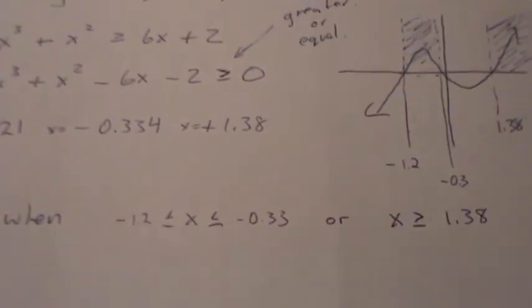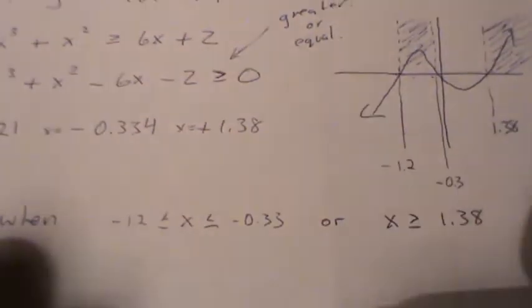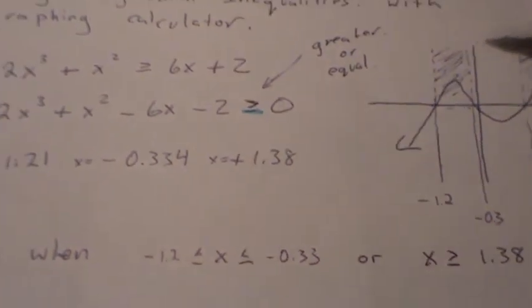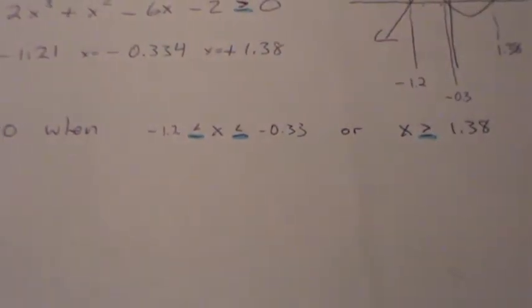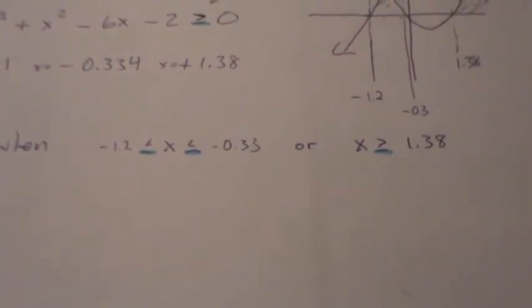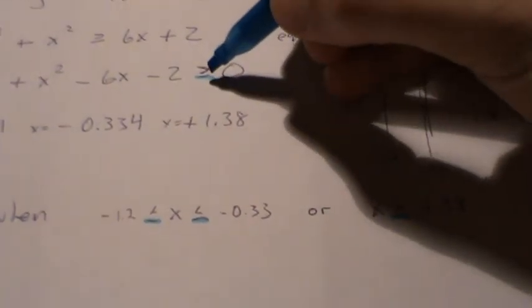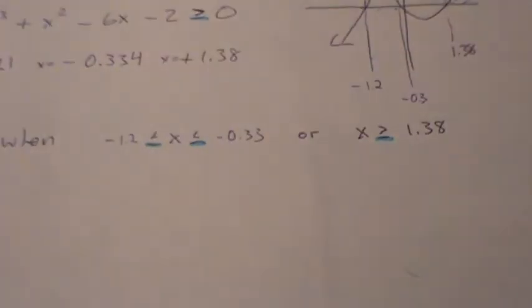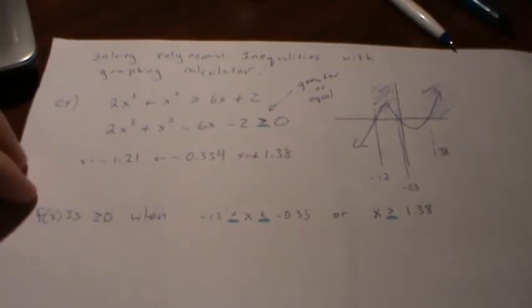Notice if I have an equal to in my original equation, then all of my intervals will have an equal to in my answer. If I do not have an equal to in my original equation, then none of these will have an equal to. Okay? And so that's basically the idea there.